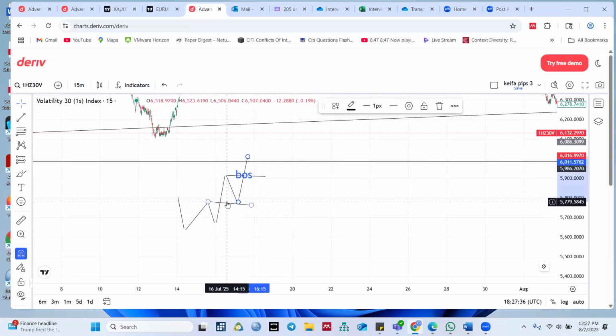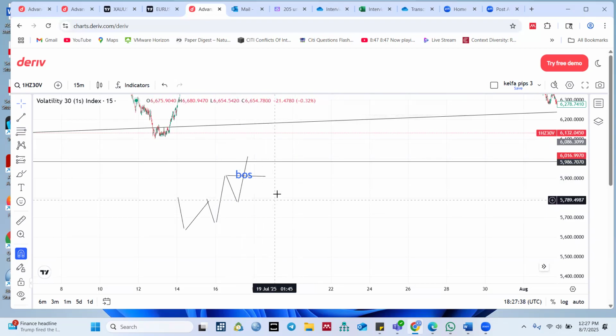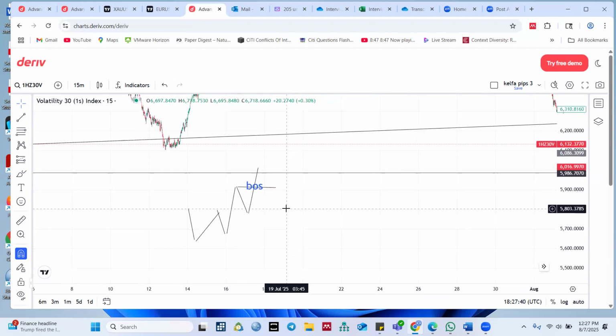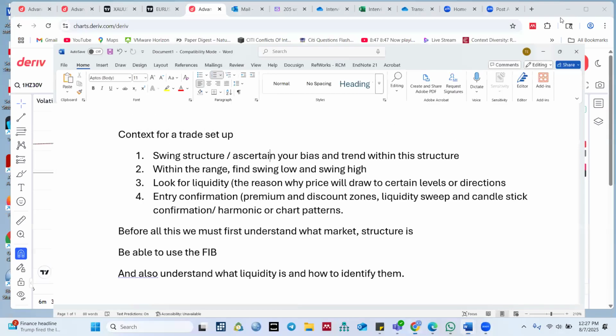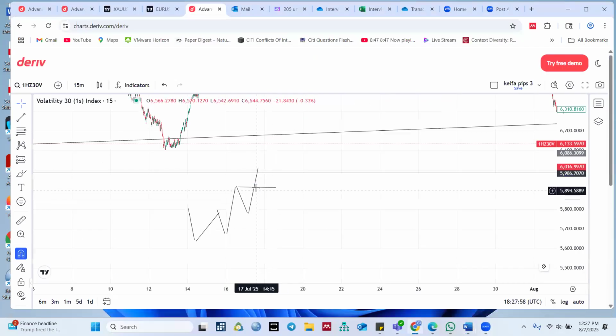We need to understand market structure first in order for us to identify our swing structure, and that will help us ascertain our bias for the day. So that's why we are reminding ourselves of what structure is.